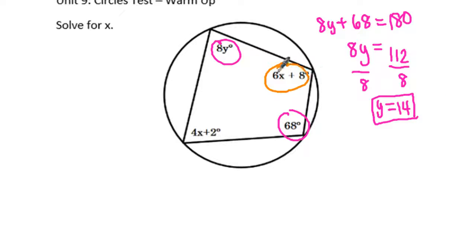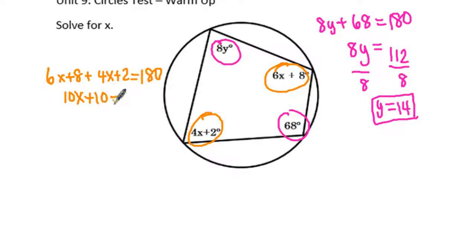On the other hand, the other two opposite angles would also be supplementary. So 6x plus 8 plus 4x plus 2 would equal 180. 10x plus 10 equals 180. 10x equals 170. X is 17.